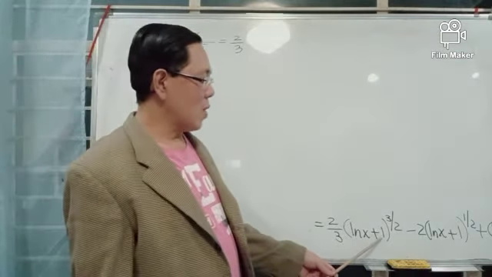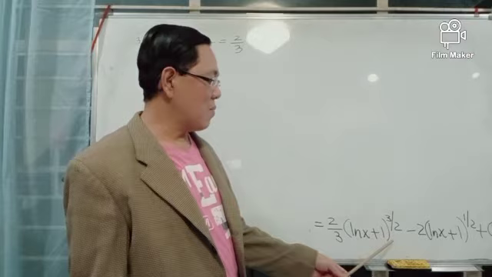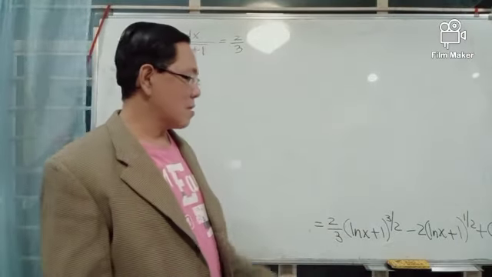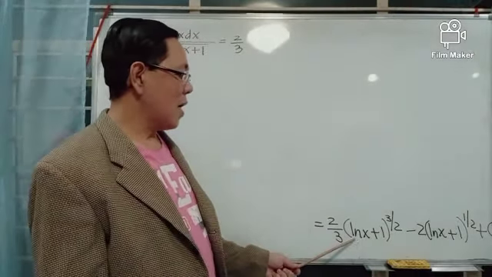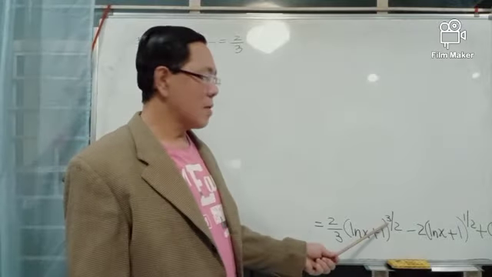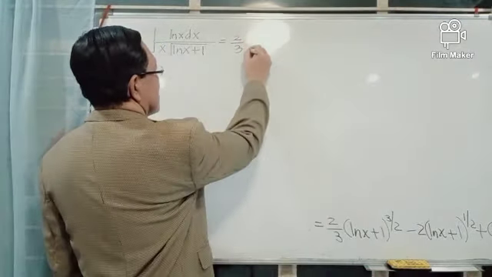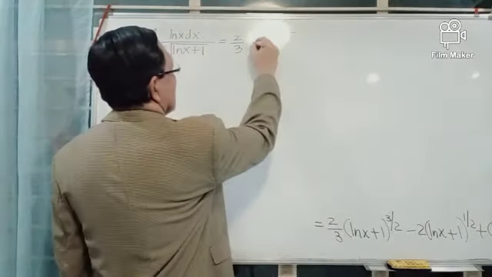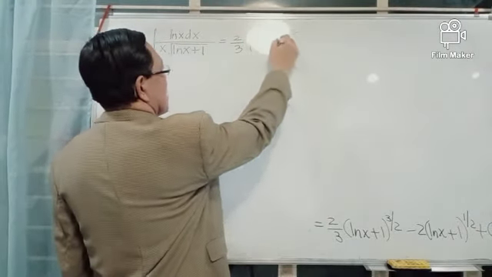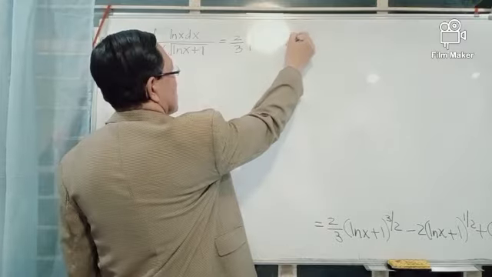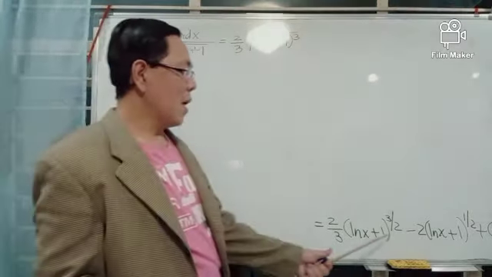Ln x plus 1 raised to 3 halves is the same as the root of ln x plus 1 raised to 3. 2/3 multiplied by the root of ln x plus 1 to the power 3, minus 2.